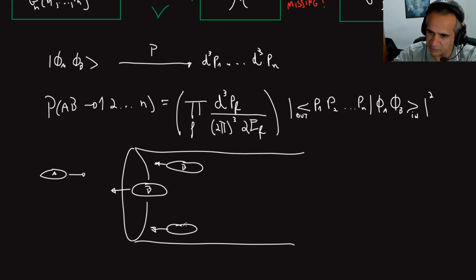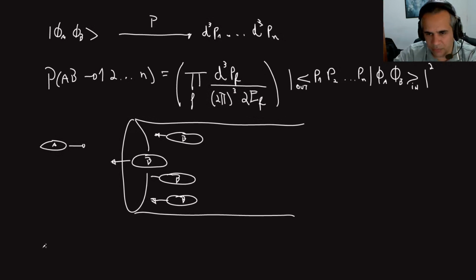They are all very similar between themselves, right? And now I want to know what's the probability of producing a certain number of events once that beam is going through, right? So the number of events will be given now by the probability. This is the probability of one of these guys scattering, right?